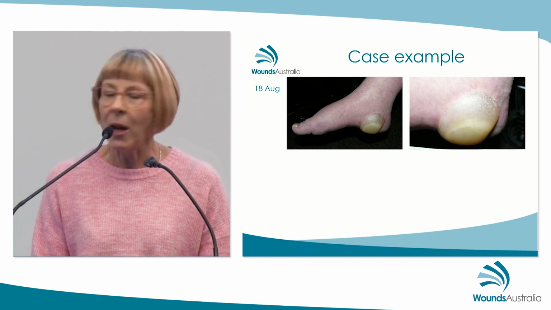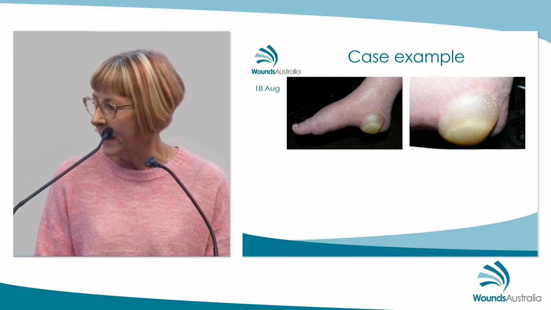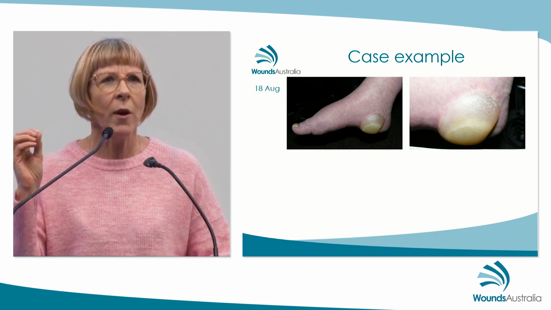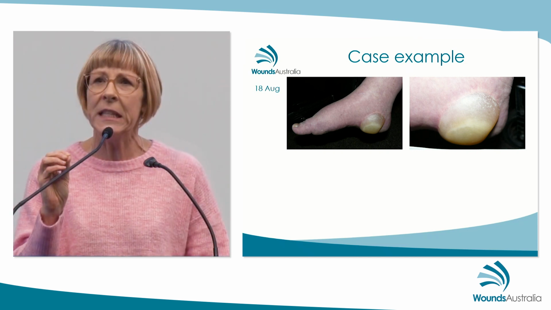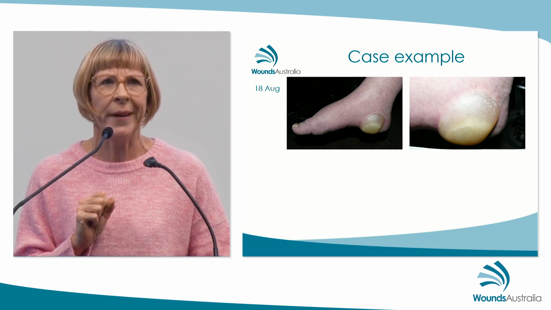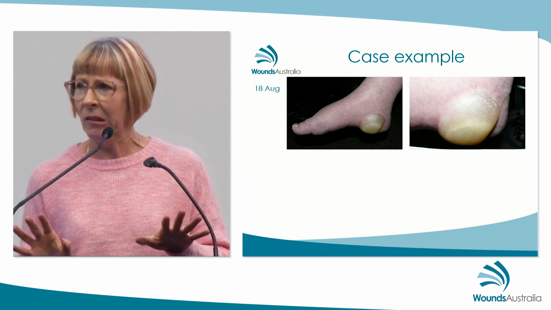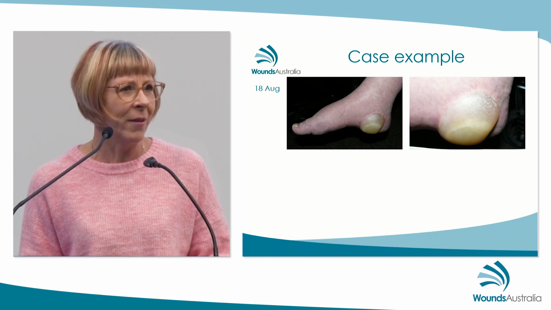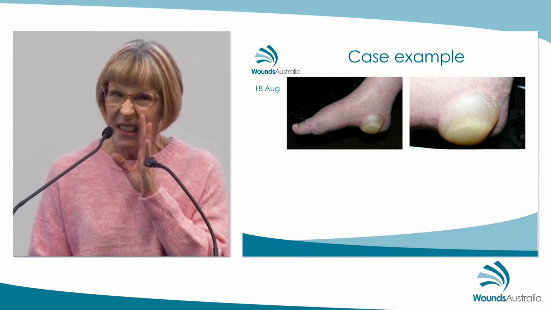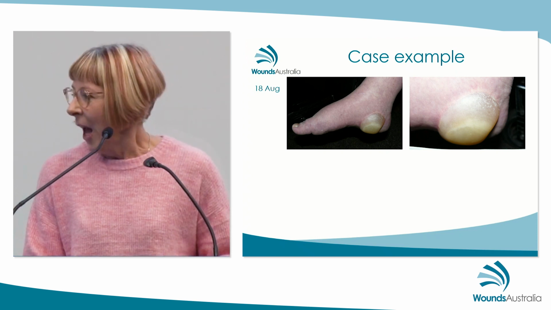She got a locum to come in and look at this blister, but this was before I had seen it, and the locum got a torch and shone it through one side of, I kid you not, the blister and said, "Oh, that fluid's cloudy, it must be infected," and he put her on antibiotics. I hope none of you think that's actually infected, because it's not. And I've never actually heard of that before, so I'm not sure where that GP got that from. She actually didn't take the antibiotics, which was probably good.